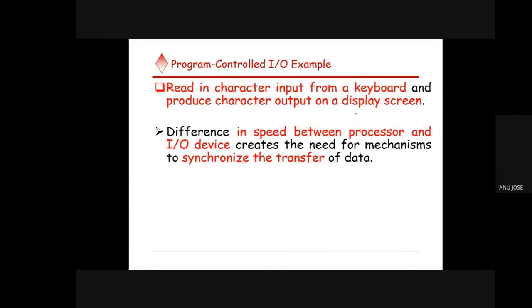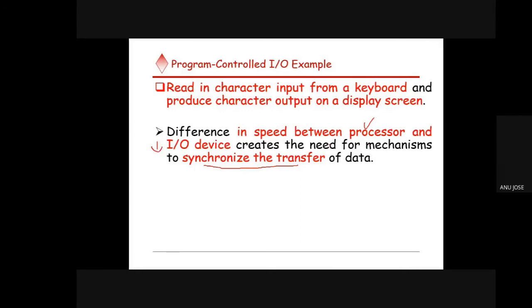I already told you the difference in speed between the processor and the I/O device makes synchronizing the data transfer necessary, because the speed of the processor is high. Input output devices work very slowly compared to the processor.